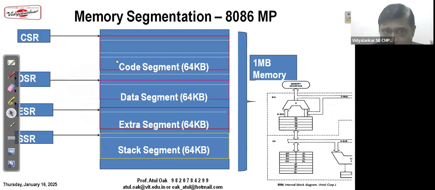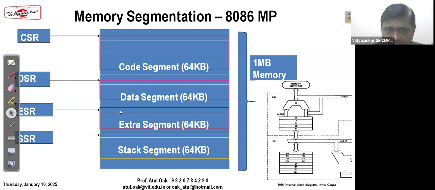Now think about this: CSR will tell my 8086 BIU where the code segment starts. So my processor will reach the code segment using CSR.